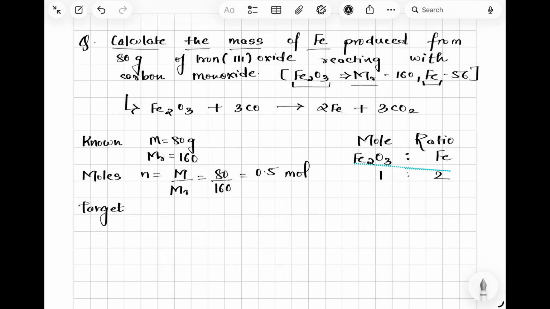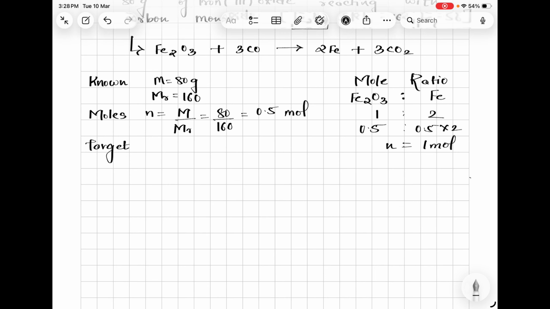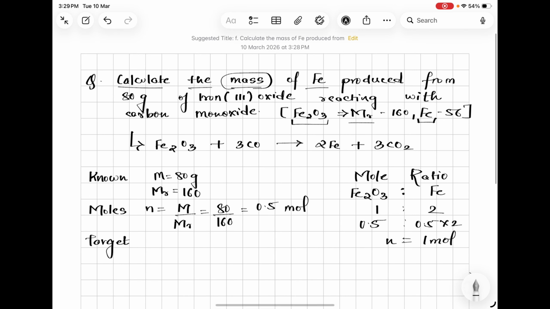So very simply, if you put it down, for Fe2O3 we have got 0.5. For Fe, we have to simply multiply it by 2. So 0.5 into 2, and we have got the number of moles for Fe as 1 mole. But the question says we have to calculate the mass of Fe.